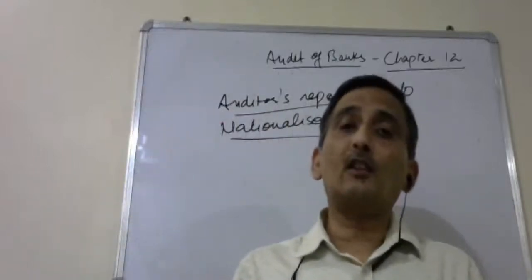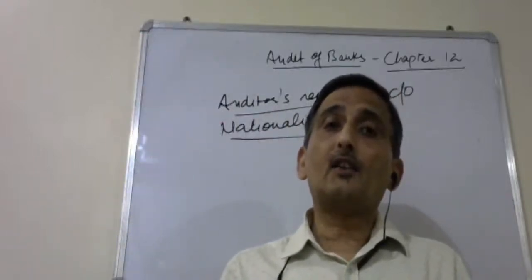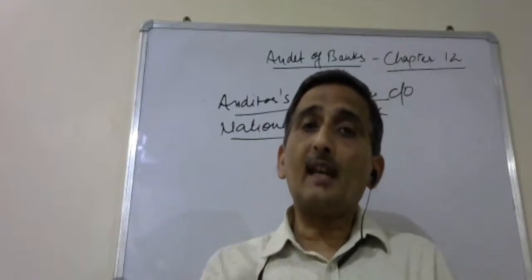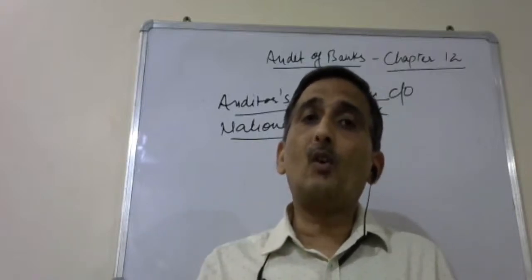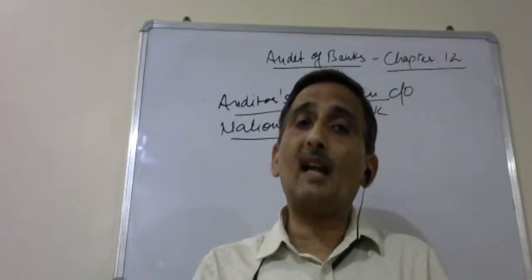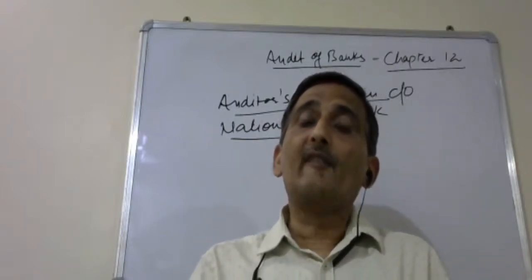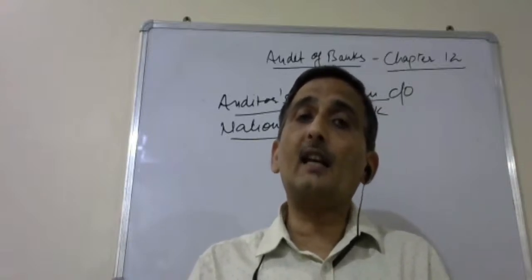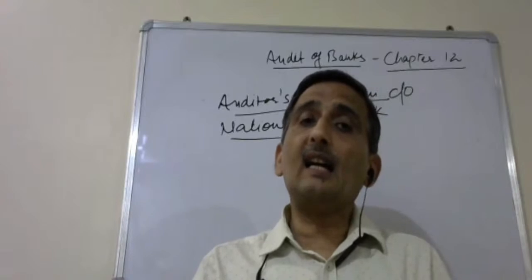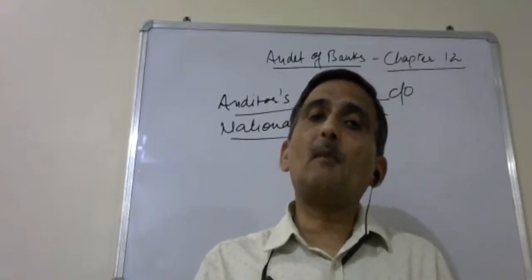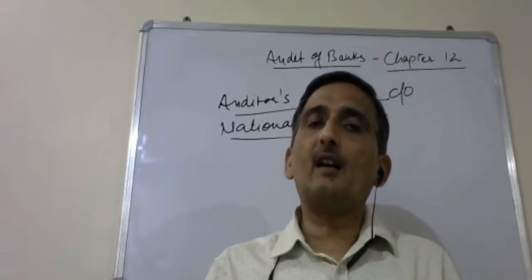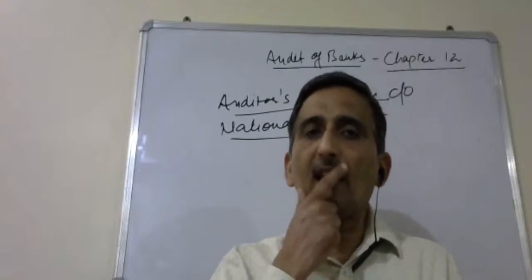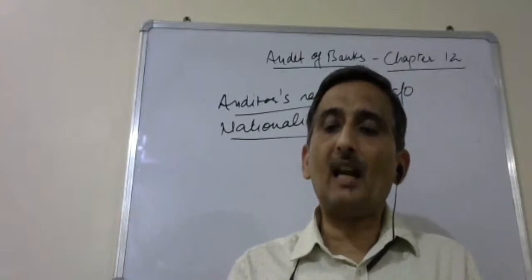He also has to state in his audit report how many branches of the bank have not been audited, and what is the quantum of advances, quantum of deposits, and interest income in relation to these branches.